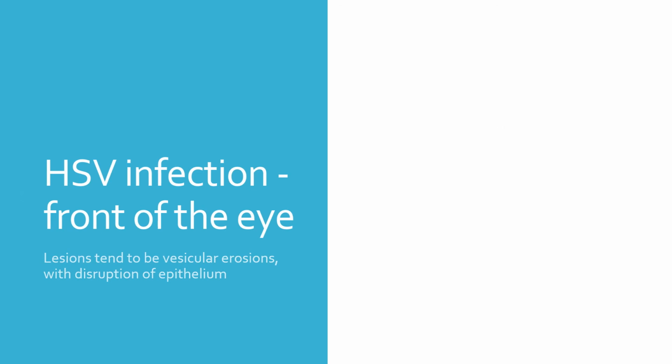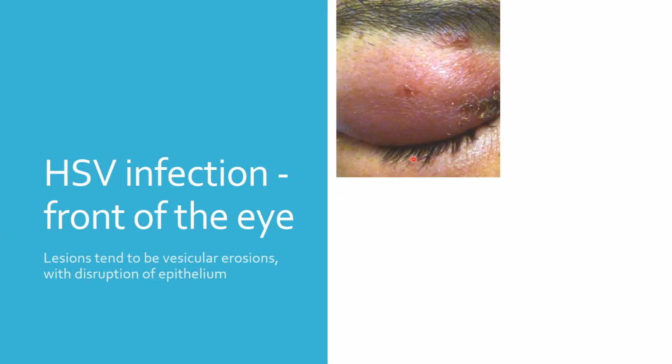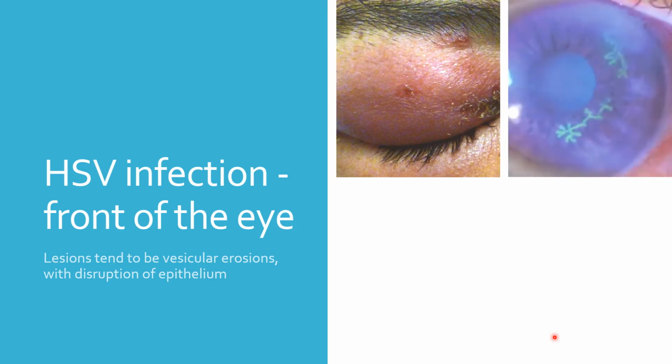Okay, so the hallmark of HSV infection of the front of the eye is erosions, these vesicular erosions with loss of epithelium. So if the problem is a blepharitis, we get these erosions here. These are actual breaks in the surface epithelium of the skin. So if we have someone with a red eye who has this on their lids, this is herpes blepharitis with a concomitant conjunctivitis.